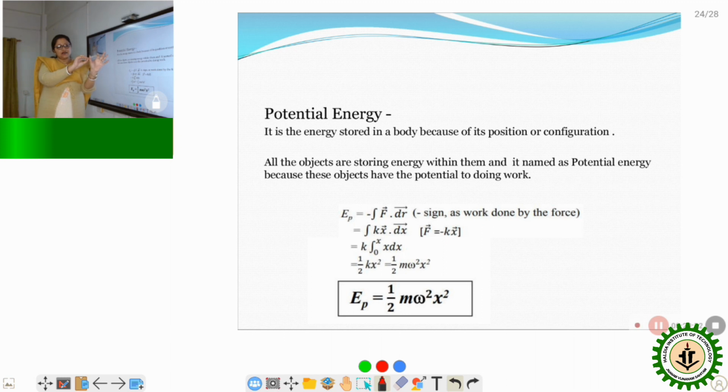I try to stretch this rubber band. So what happens here? The configuration of this rubber band changed. Because of that, energy is stored within this particular system. So when I release that, you can see this piece of paper will go away.